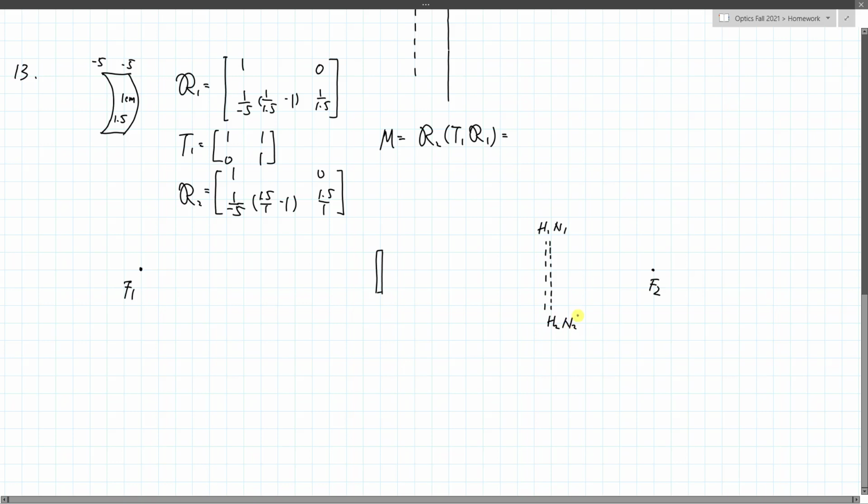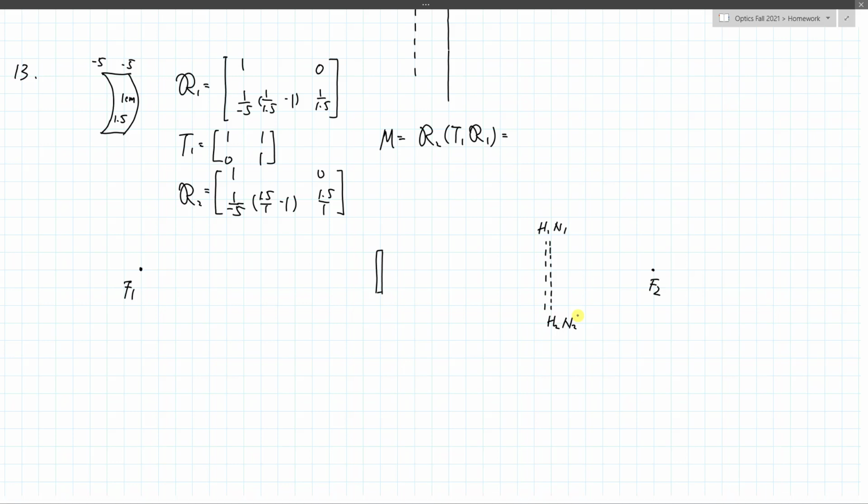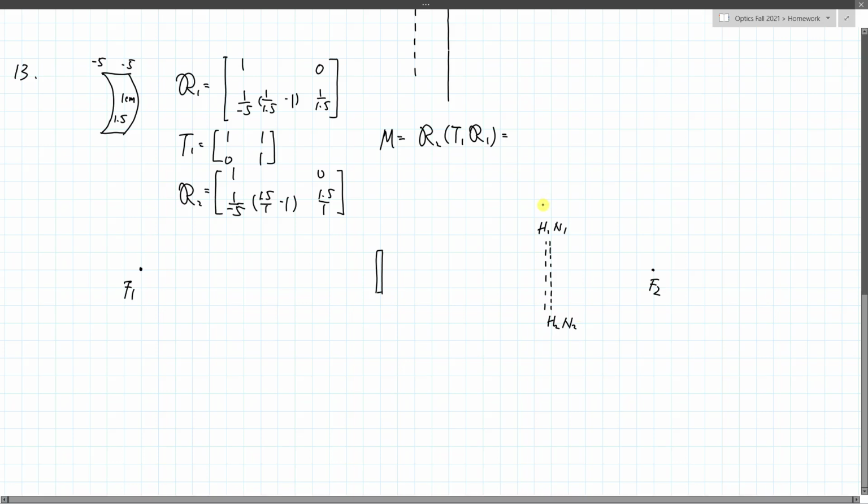So let's see, 10 centimeters. Oh, sorry, not 10 centimeters, 10 millimeters. So yeah. Otherwise, they should be symmetric. Let me copy, move that. Okay, so 10 millimeter. That would be this way exactly.